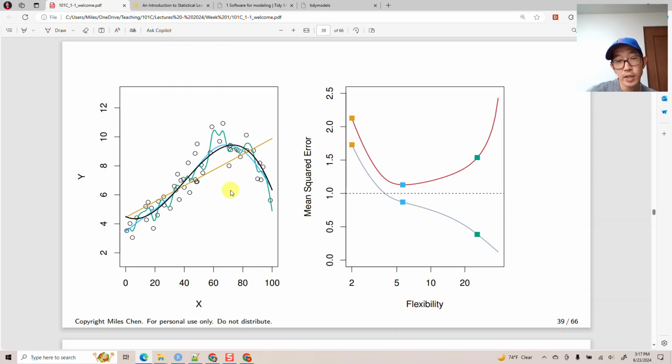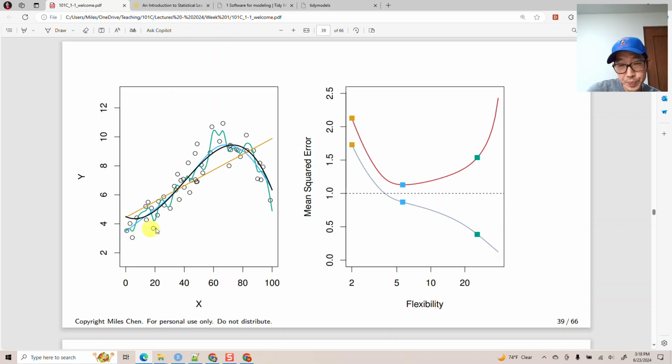This red line, however, represents the test MSE. If we were to generate another random data set around the black line, we would get a whole other set of random dots. We might get some dots that appear down here, and dots that appear down here perform poorly compared to the green line, because if I put a dot down here, it's going to be far away from that green line.